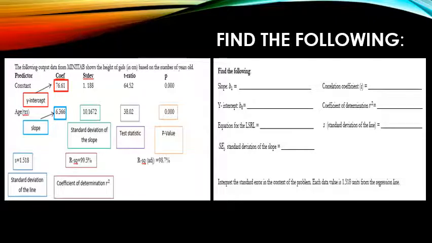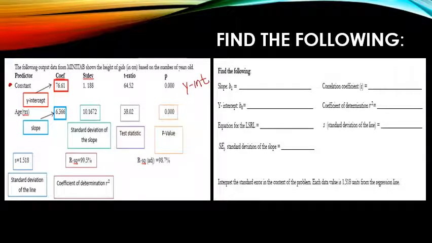Okay, so we're going to try to fill in this chart based on the computer output that we have over here. Remember that in the computer output, the first row refers to our constant, so this right here is our y-intercept.